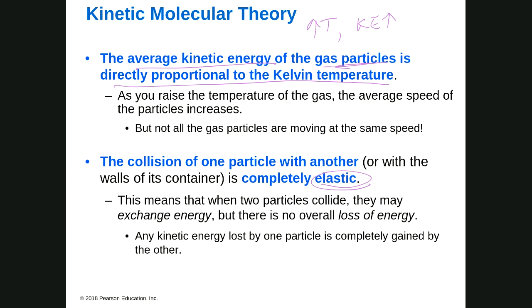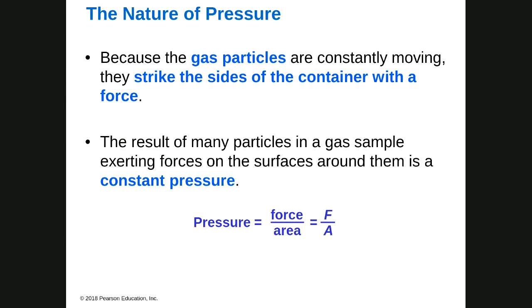The energy is conserved, because any energy that is lost by one molecule is gained by the other one. But they continue moving. It's not like it stops them dead in their tracks. Because the particles are moving and striking the container walls, they are exerting a pressure, which is force per unit area.